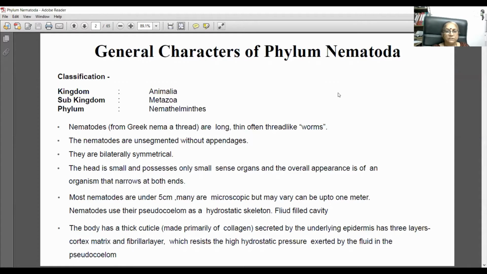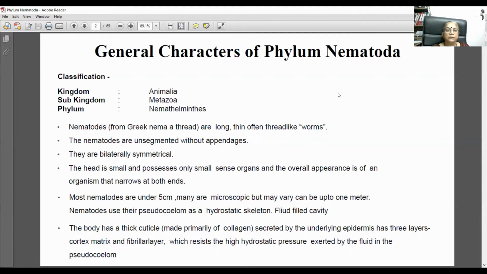All nematodes have a coelom, and it is not an actual coelom, it is a pseudocoelom. This pseudocoelom is filled with a fluid, and this provides a hydrostatic skeleton to the nematode.